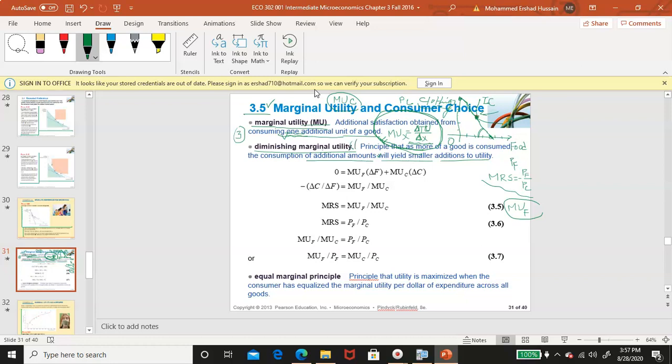Your total utility will increase, but it will increase less and less as you consume more and more of X. So that is diminishing marginal utility. And we say that marginal utility of food is subject to diminishing marginal utility. Also marginal utility of clothing is subject to diminishing marginal utility.